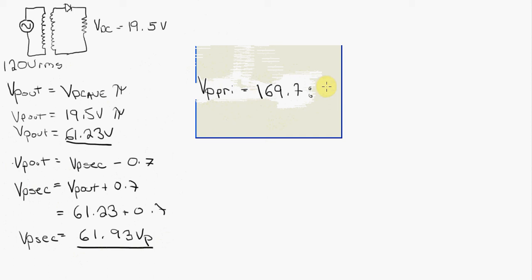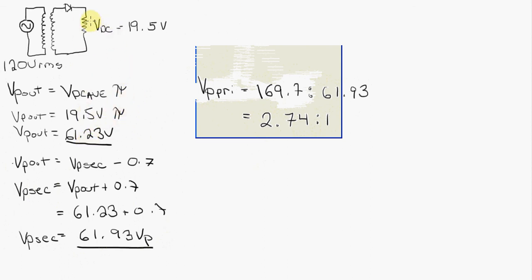The secondary voltage that we're looking for is 61.93. When we divide 169.7 by 61.93, we end up with a turns ratio of 2.74 to 1.